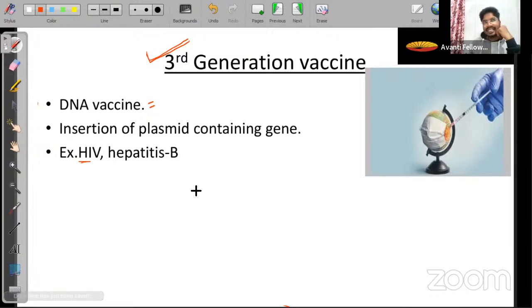Like human DNA will be extracted, and in that human DNA, or simply leave this one. Just consider this one कि ऐसा क्या किया जाएगा?